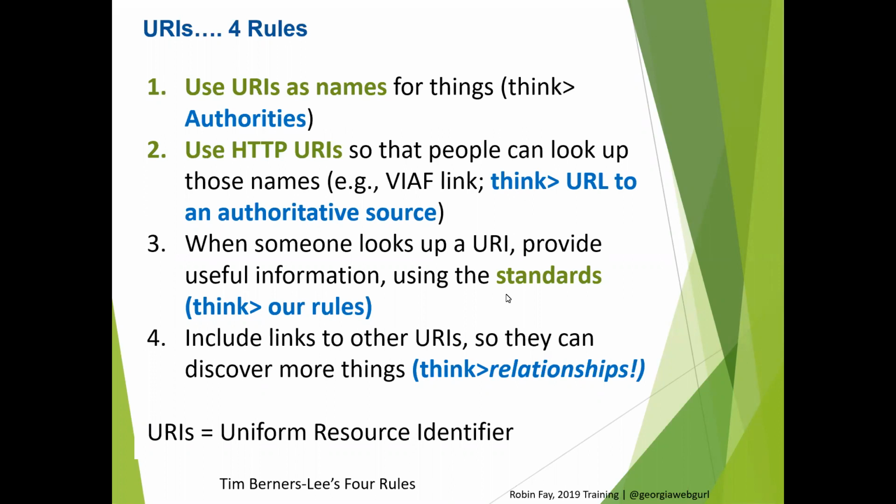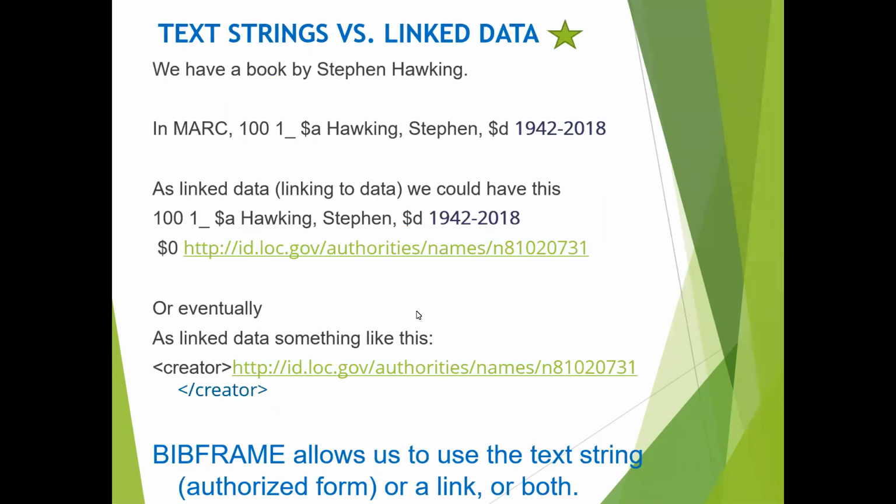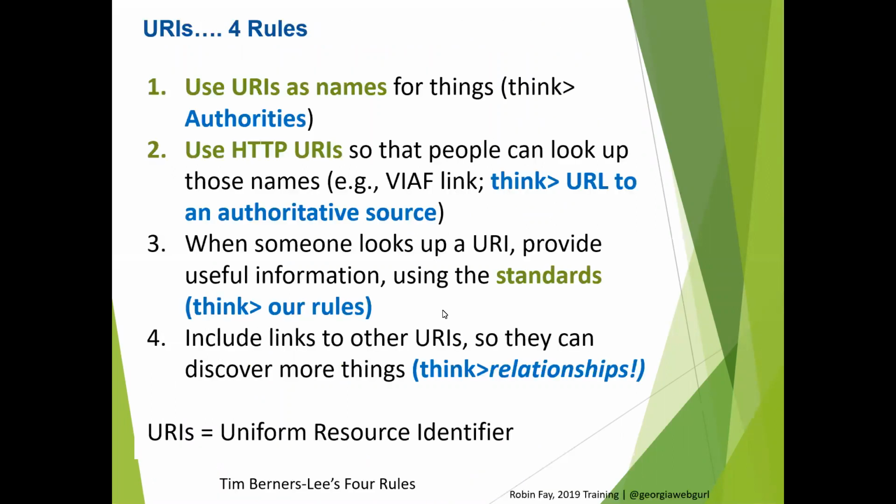We provide information about that author using the standards. Well, we're all over that one. That's us right there. And then finally, 2 and 4 are the ones that are more recent for us. Two, linking to those resources, which we're starting to do. And then 4, include links to other URIs so that they can discover more things.